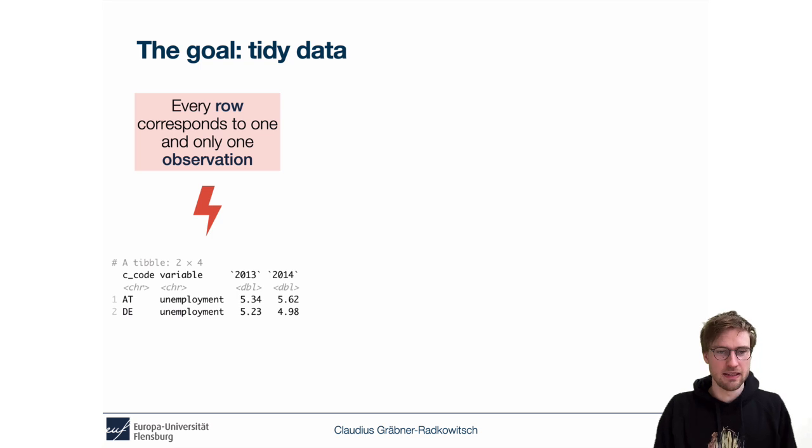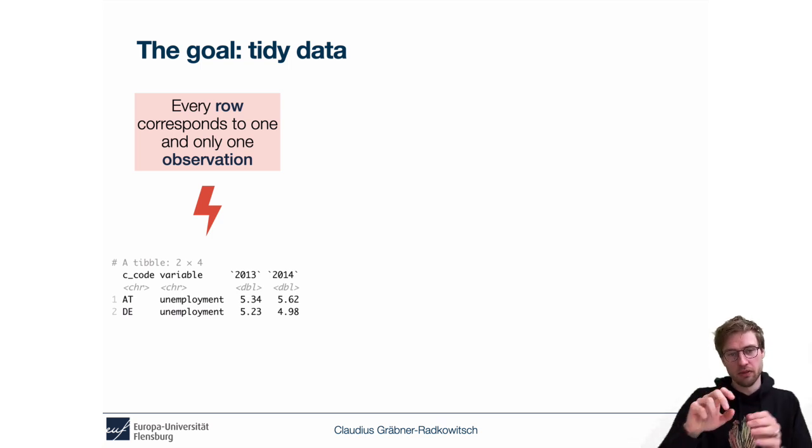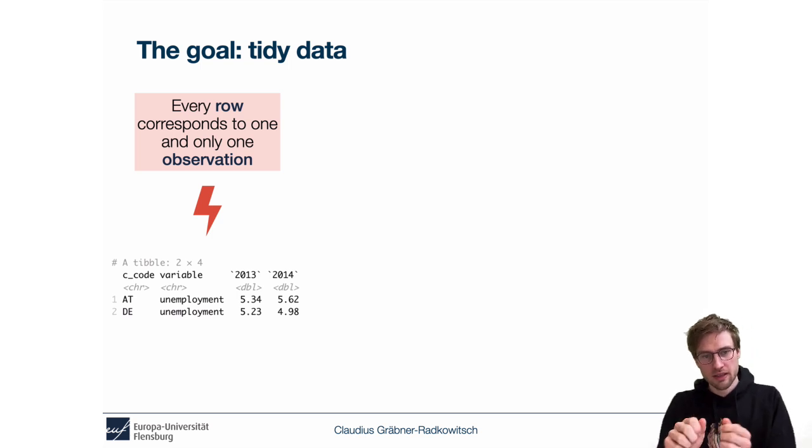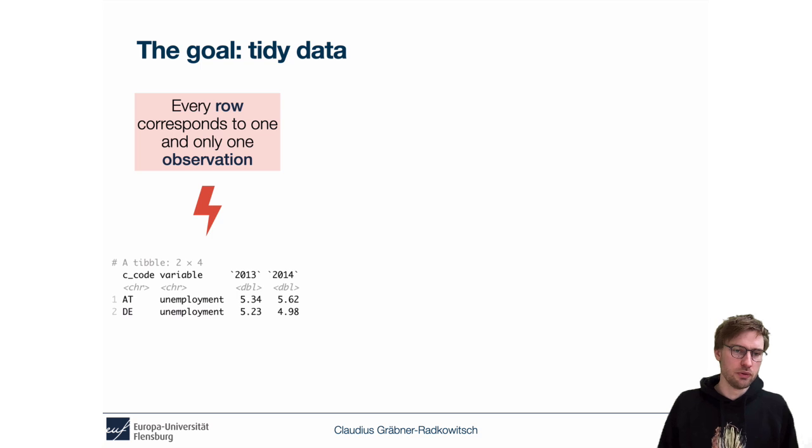It's not a bad data set, it's just not tidy, and what you need to do is basically create a new column called year, into which you put the 2013 and 2014, and you need to create another new column called unemployment, where you then put the values that you see in this table.